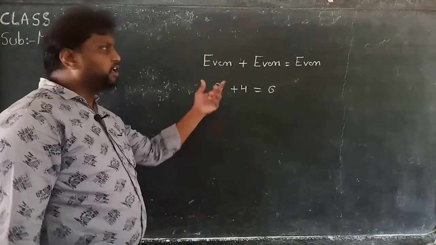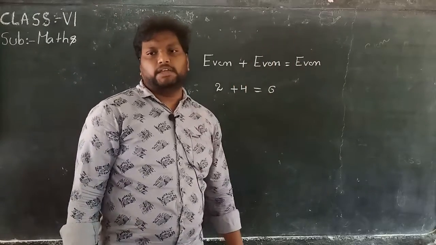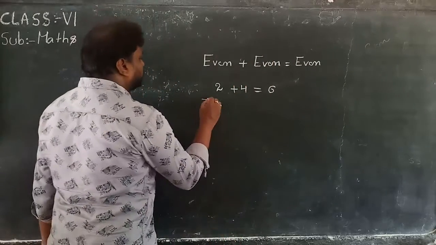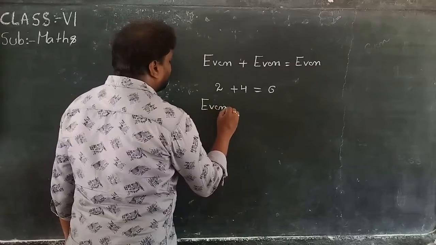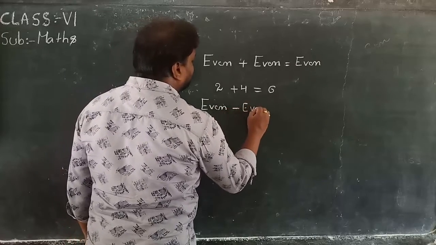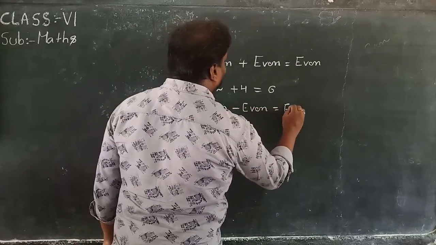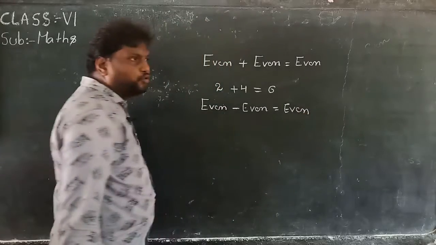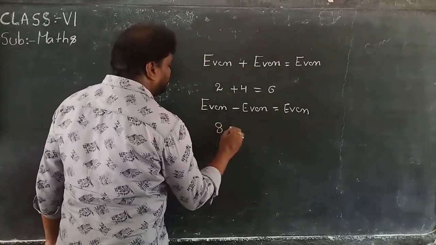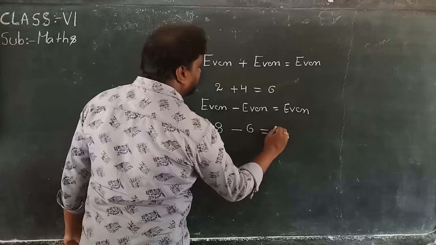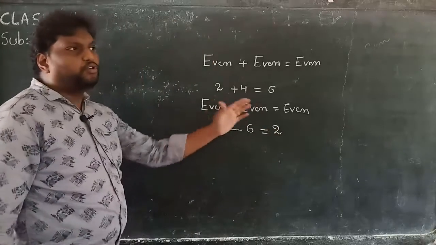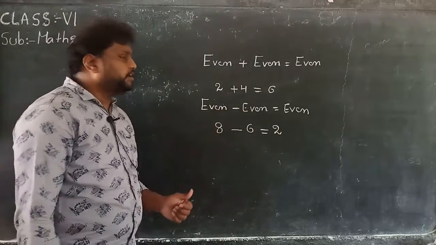The sum of two even numbers is always an even number. The difference of two even numbers is also even. For example, 8 minus 6 is equal to 2.